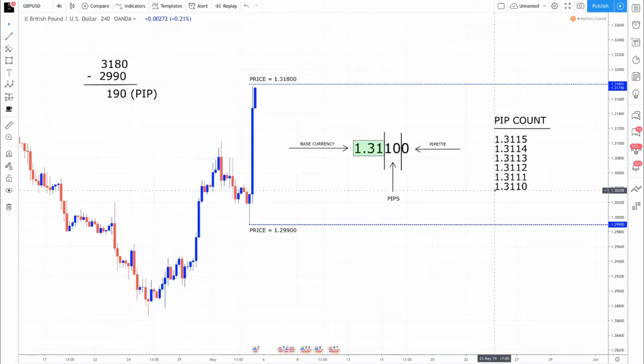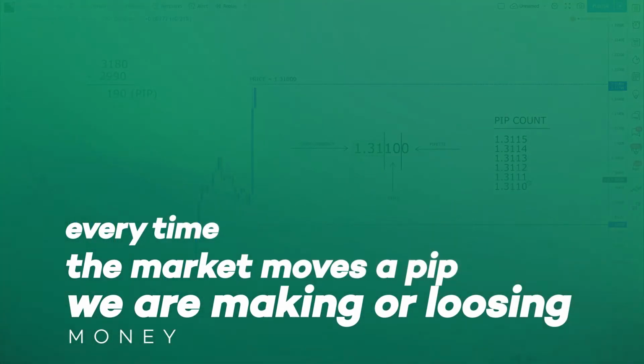As we see here, let's take a look at this current price of 1.3110. When the exchange rate changes from 1.3110 to 1.3111, this is the pip count going up by 1. Every time the market moves a pip, we are making or losing money.